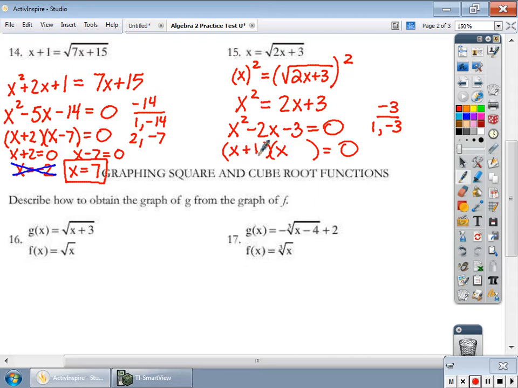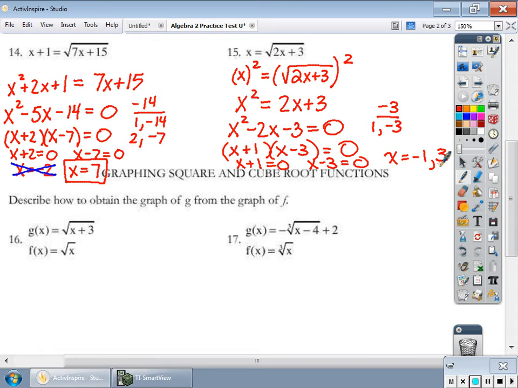So plus 1 minus 3. So we'll have x plus 1 equals 0 from right here, and x minus 3 equals 0 from right here. Subtract 1, x is equal to negative 1. Add 3, x is equal to 3.